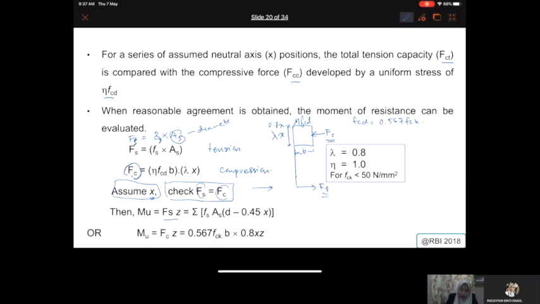What is z? Here you see the point z. z is taken from the center of your compression force to the tension force. From the compression to the tension force. So the lever arm, we call it z, is equal to your lever arm.